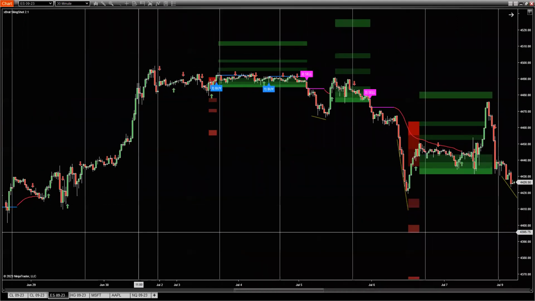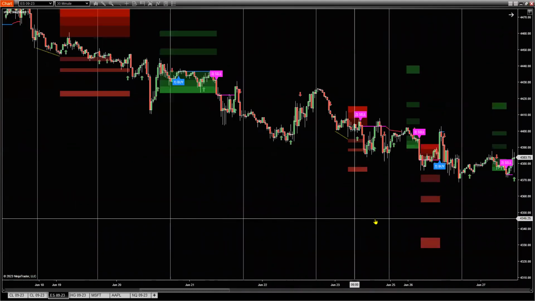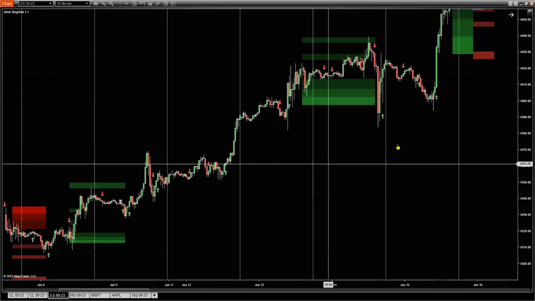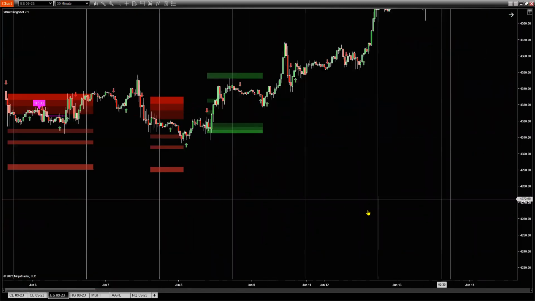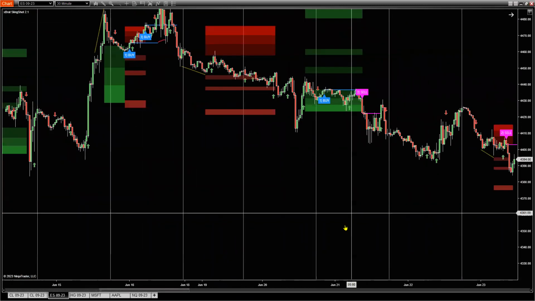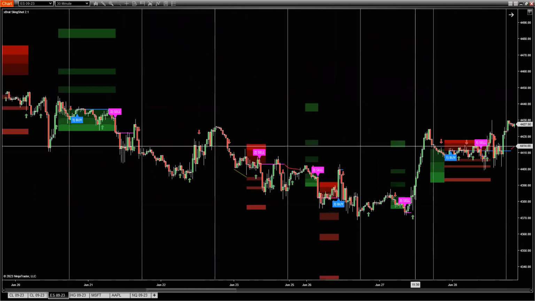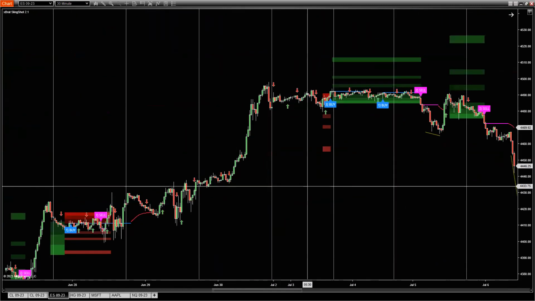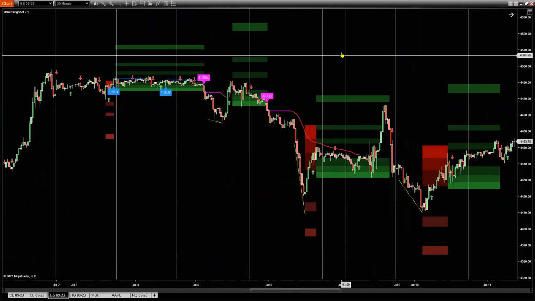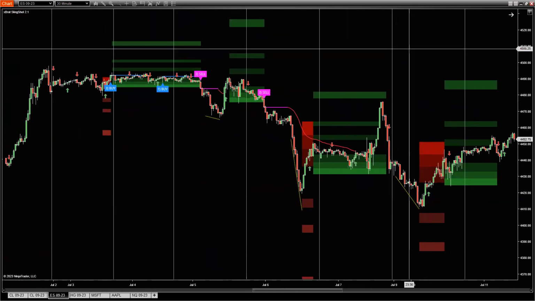I would say yes, there's a lot more tradable for swing than NQ. There are some phenomenal trades, really.